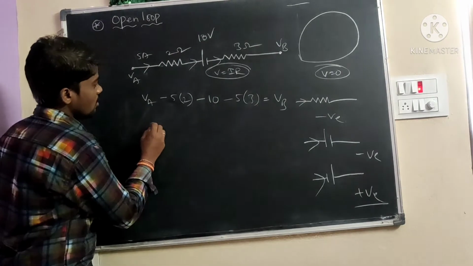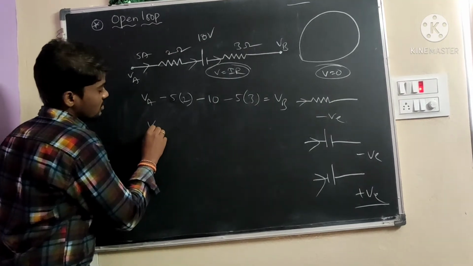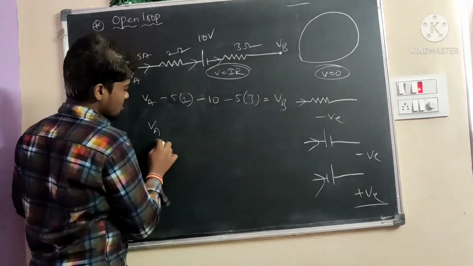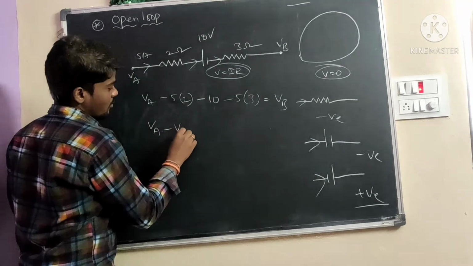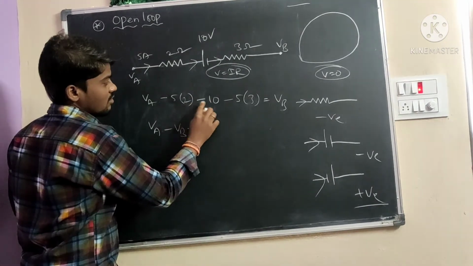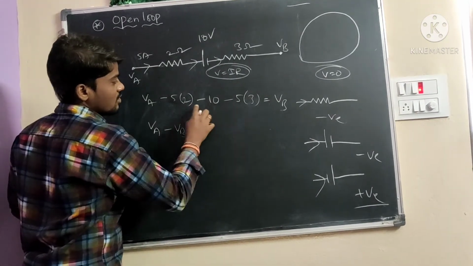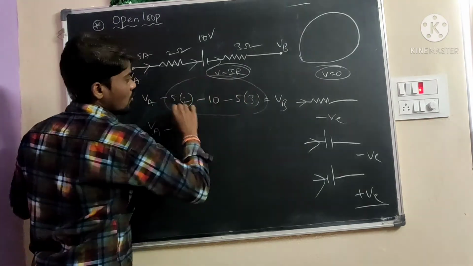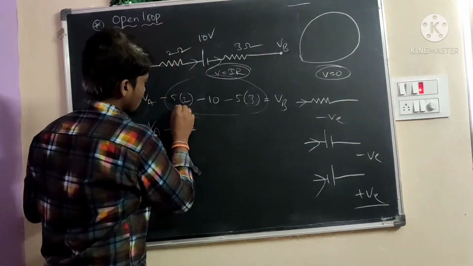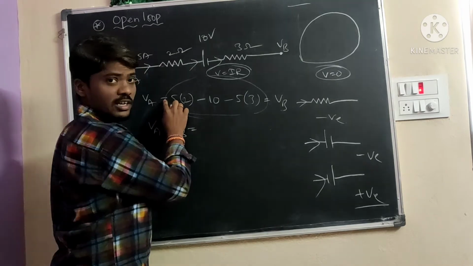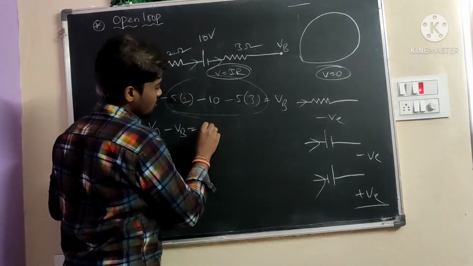Okay, here is the potential difference. VA minus VB: the 5 into 2 is 10 and 5 into 3 is 15. The total value goes to the right side. Here is the negative, and negative means the right side will become positive.